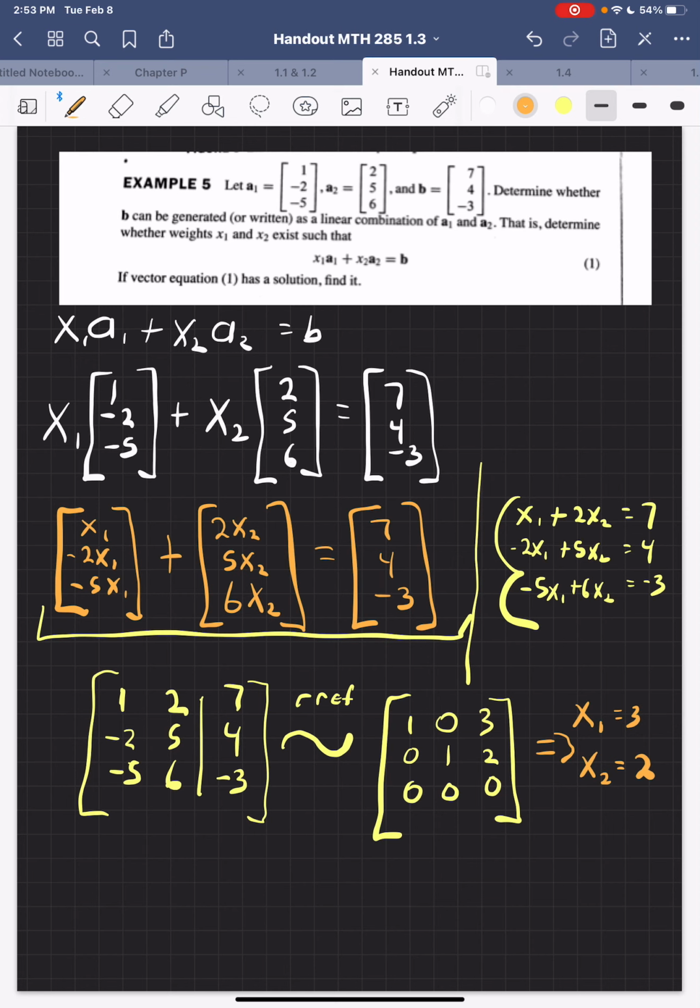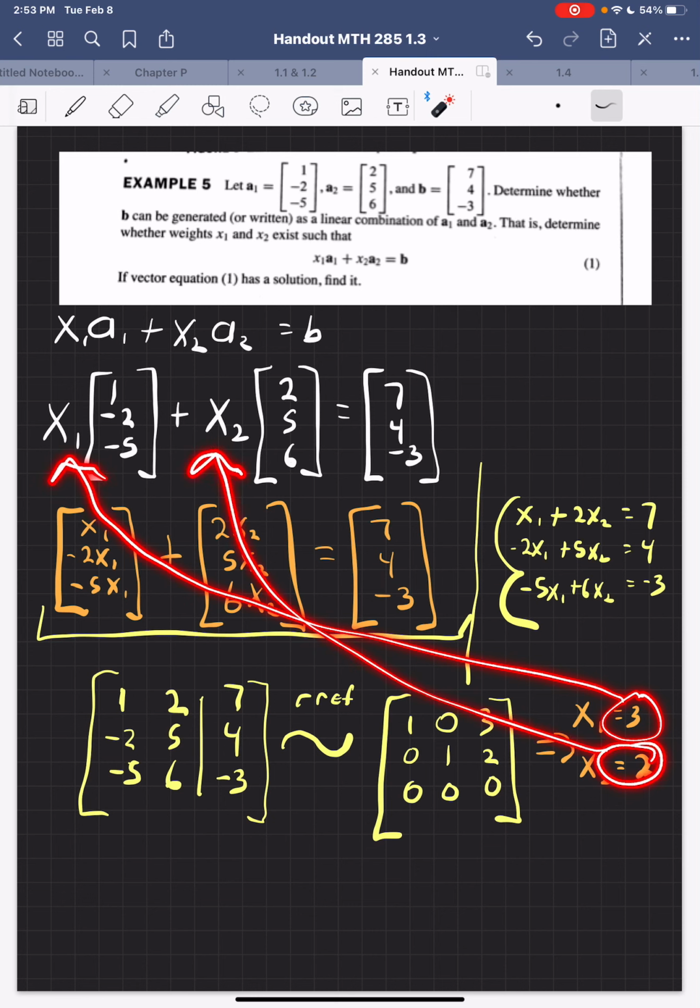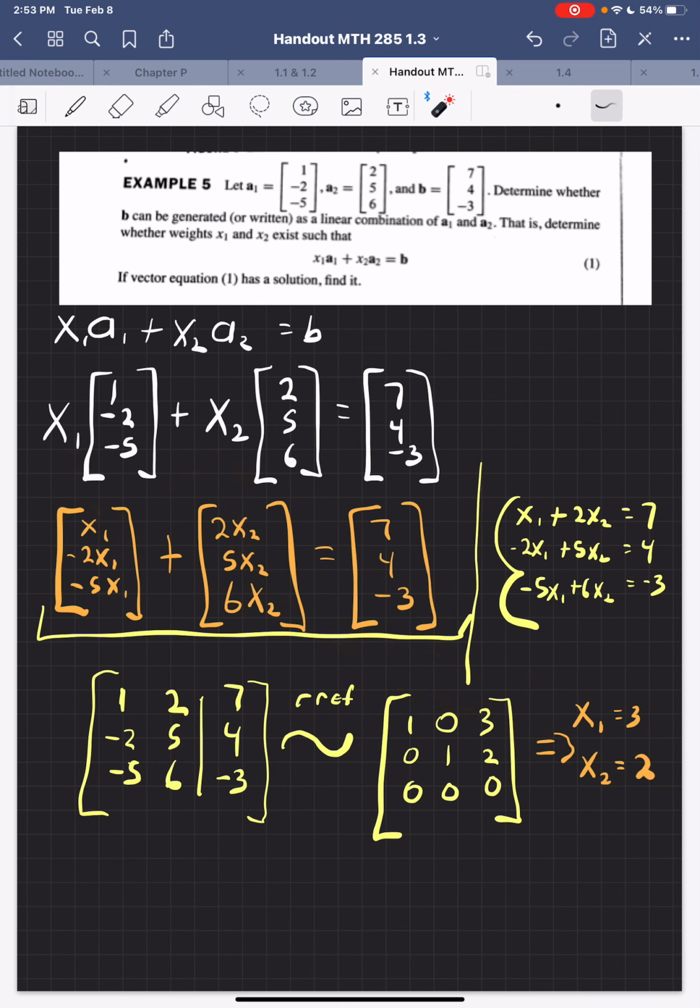What have you just done? What you've just done is you figured out what the weights are, such that if I scale this vector by 3 and I scale this vector by 2, once I scale and add, I am able to reach this other vector, b.